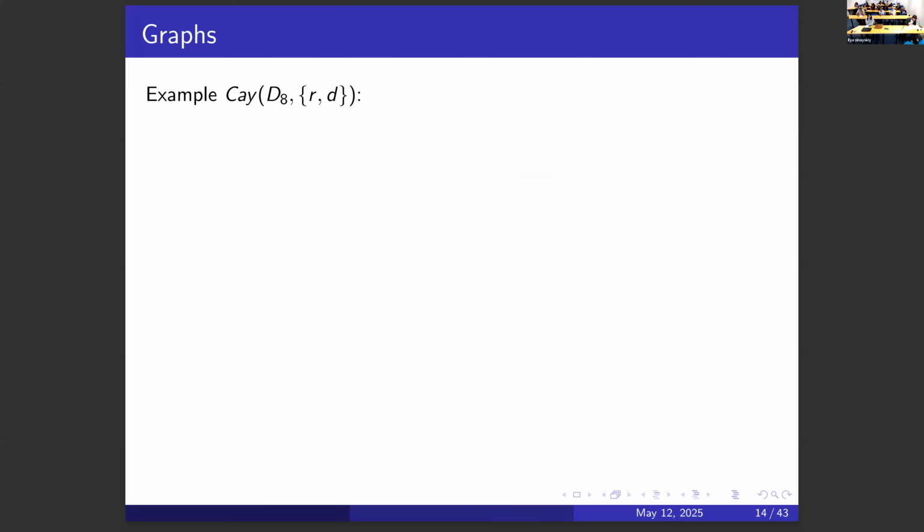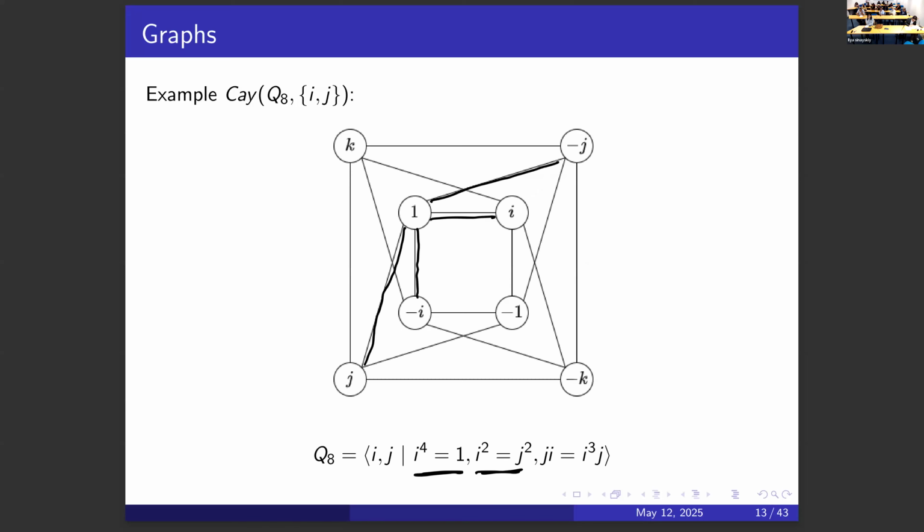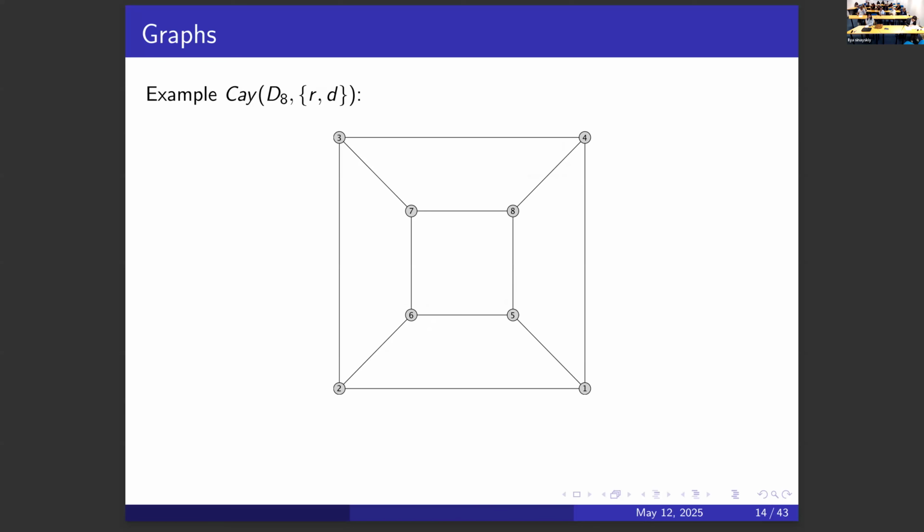Now, this is D8, and as you can see, it looks very similar to Q8, and it only has three edges coming from it. It only has three labels coming from it. And why is that? Well, it turns out that R is equal to its own inverse.